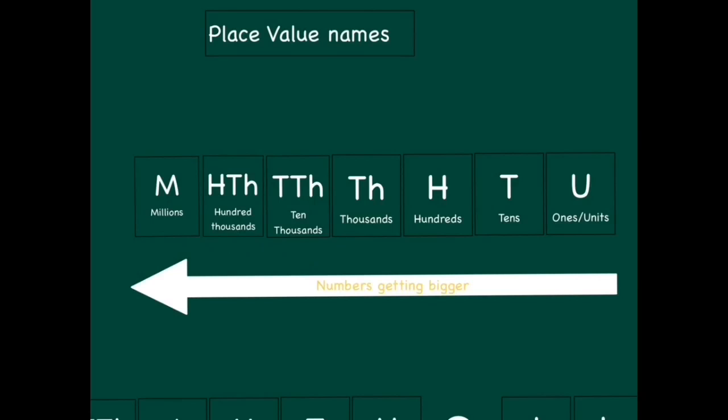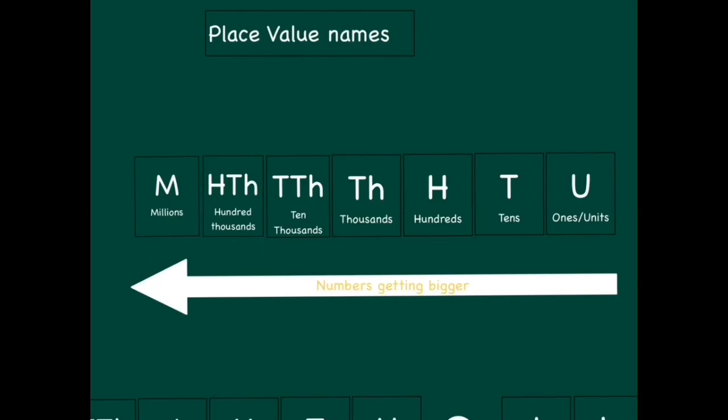But our numbers don't just stop there. They keep getting bigger and bigger as we go to the left, and our place value column headings get bigger as well. Because numbers are infinite, they just keep going. There is no biggest number.